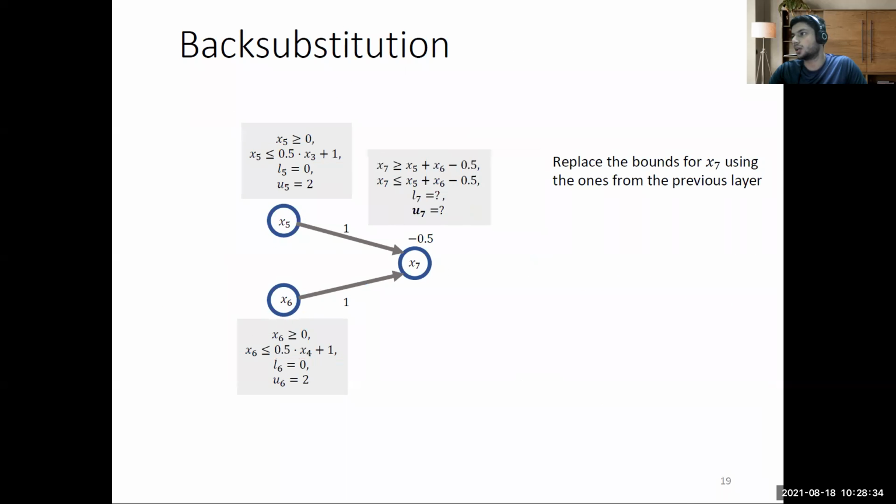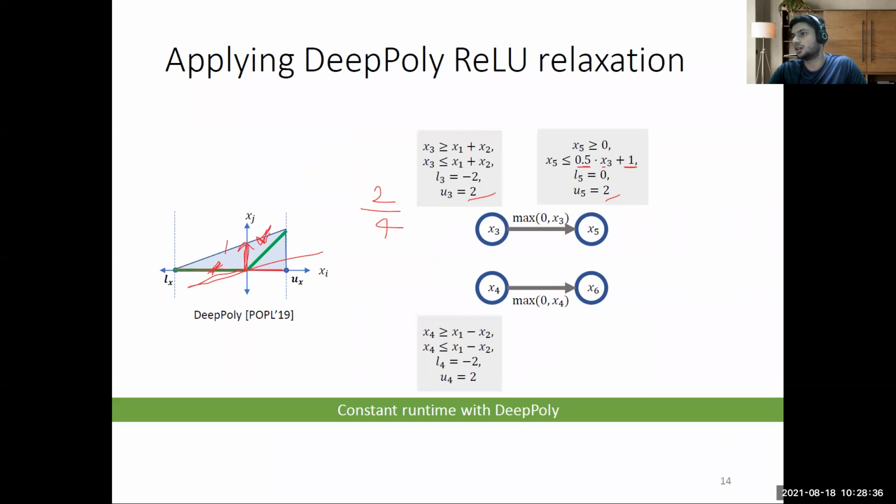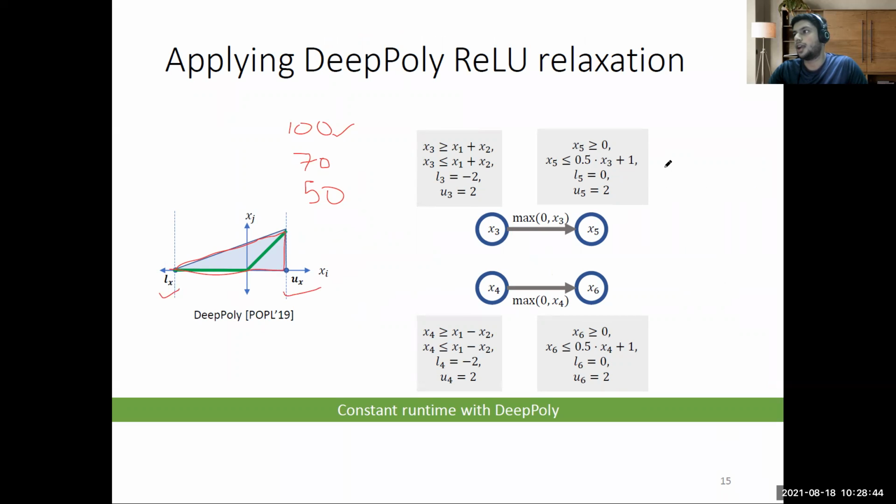Because if you look at the ReLU transformation, essentially the area that I will be having depends on my lower and upper bound. And this lower and upper bound is dependent upon my neurons in the previous layer. So if my bounds are precise, I will have a shape like this, which has a smaller area.